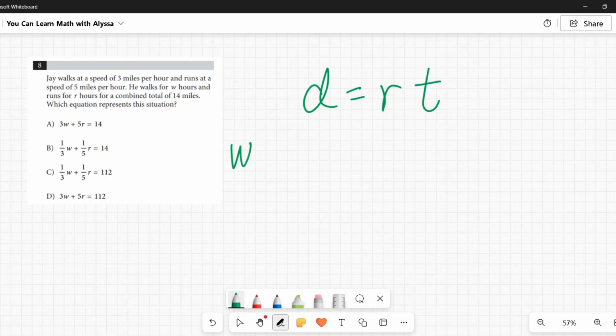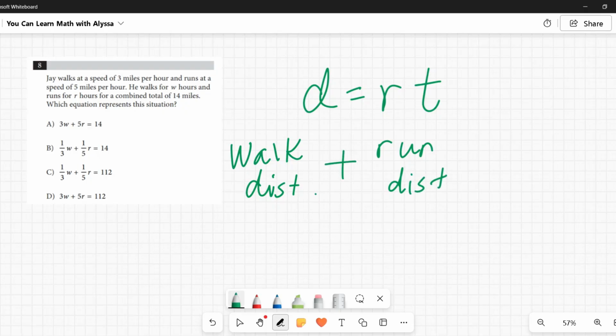So we have the walking distance, and then we have the running distance, and together those equal 14 miles. Those two distances together equal the total distance.